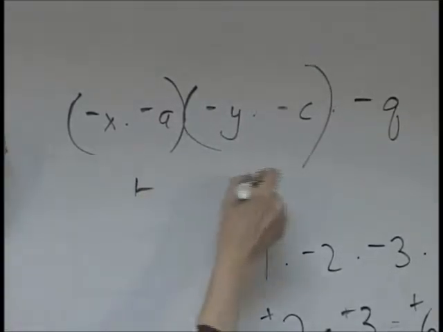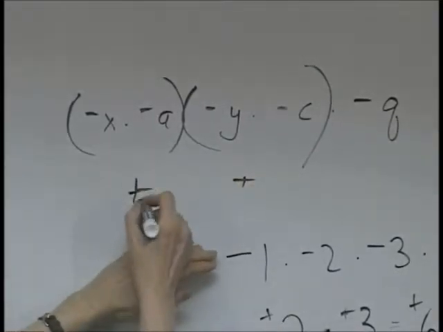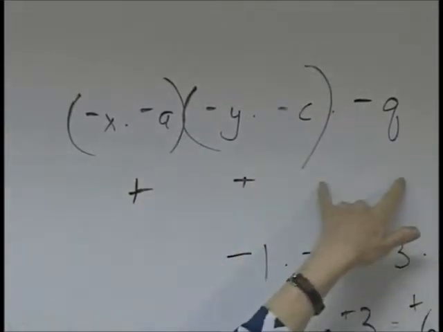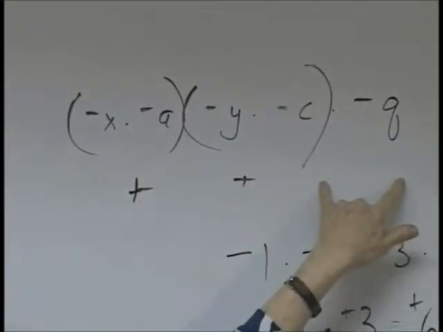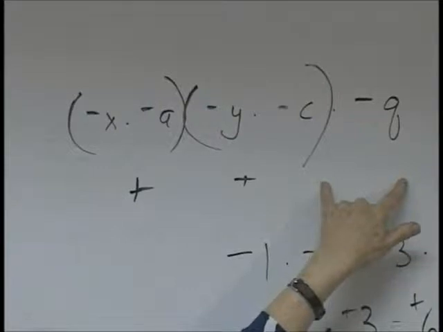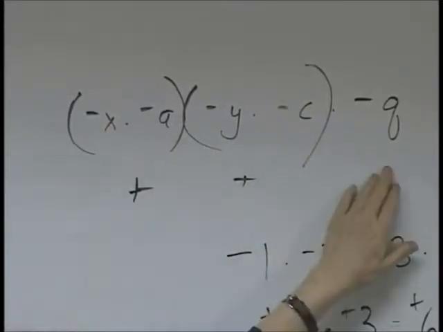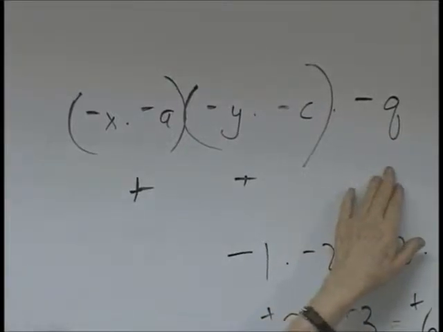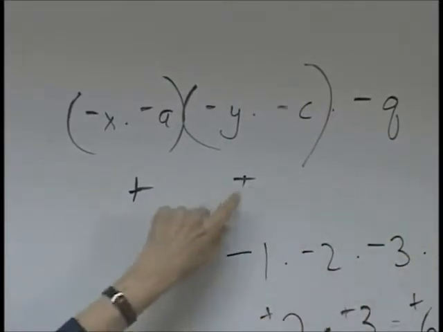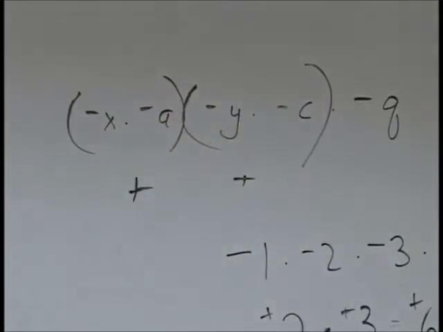So I'm always going to wind up with positives if I can group it into any number of sets of 2 without anything left over, it'll all be positives. But if I have an odd number of things I'm multiplying, I'm going to have one negative number left over, and that negative multiplied by the positive result of everything else will become a negative. So that's why this rule exists.